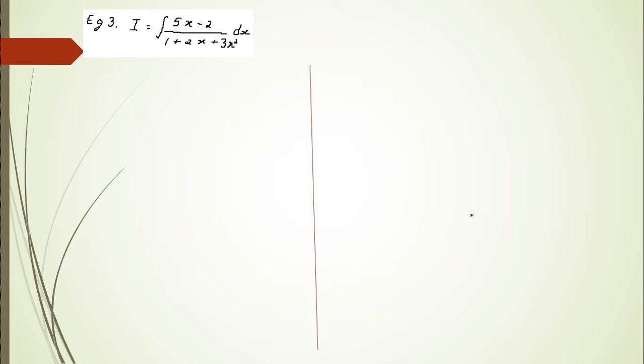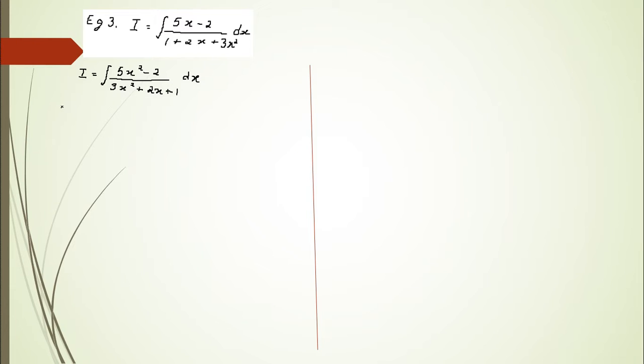Okay. The next problem says I is equal to integral 5x minus 2 by 1 plus 2x plus 3x square dx. Right? So let us rewrite this. I is equal to integral 5x minus 2, and I'll rewrite the denominator in the standard form, 3x square plus 2x plus 1 dx.